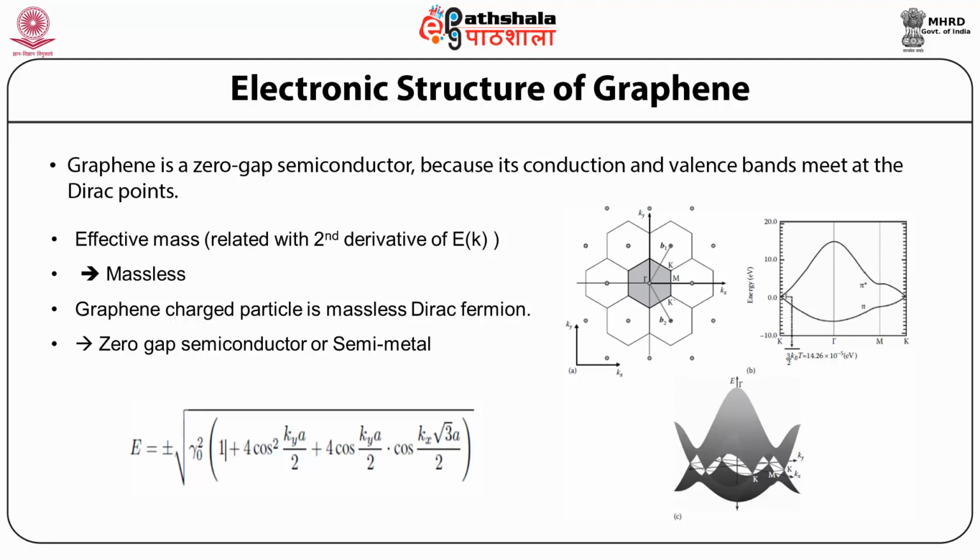Within this pi band approximation, using a conventional tight binding model, the dispersion relation, restricted to nearest neighbor interaction only, produces the energy of the electrons with wave vector k as shown by the equation I have already discussed.